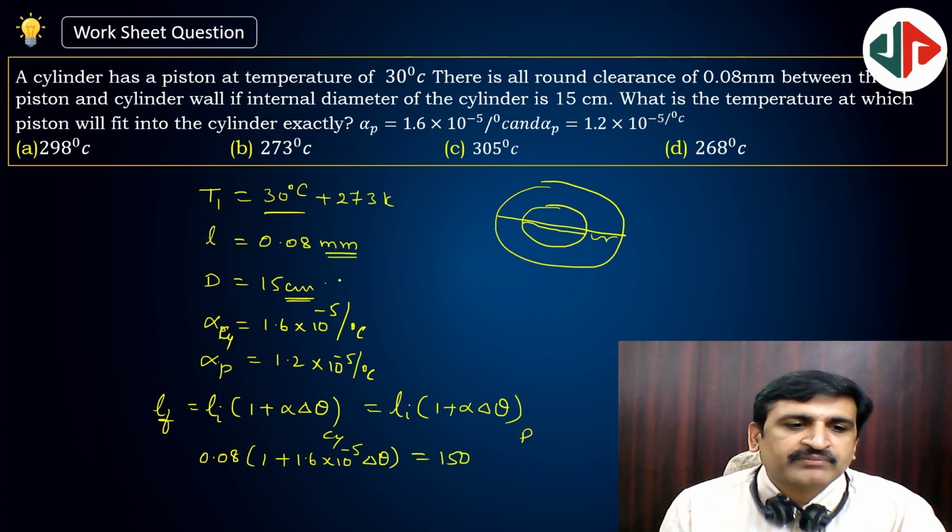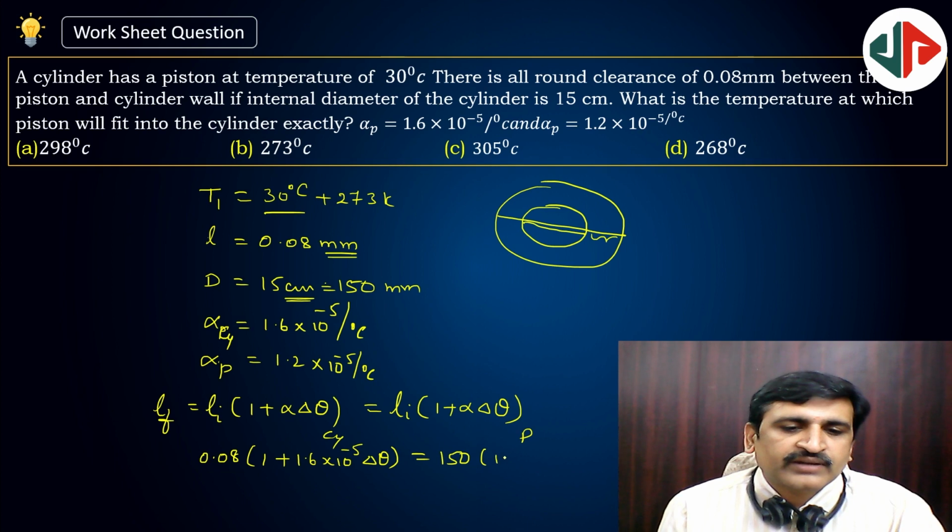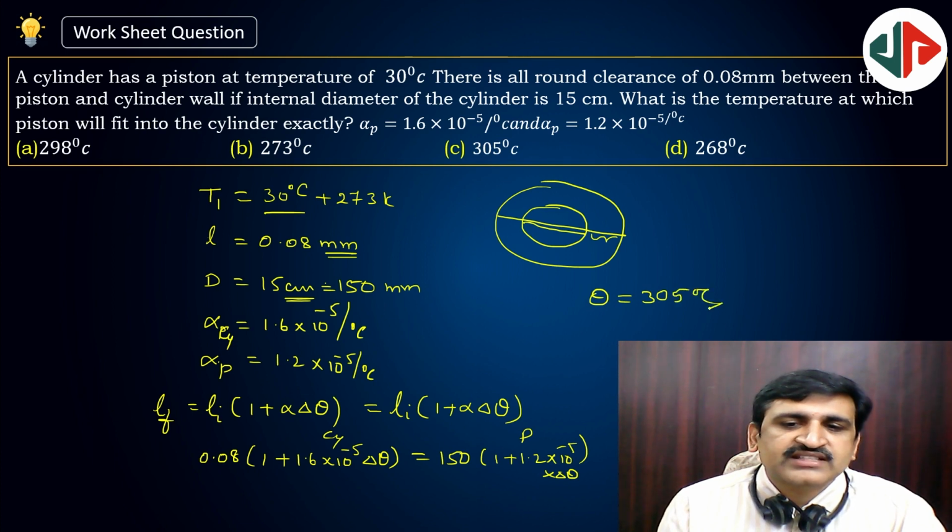Both should be in mm, so it is 150 mm, into 1 plus 1.2 into 10 to the power of minus 5 into delta theta. On solving this, you can get theta roughly 300, actually 273 plus 30 will come. So around 305 degrees Celsius will come.